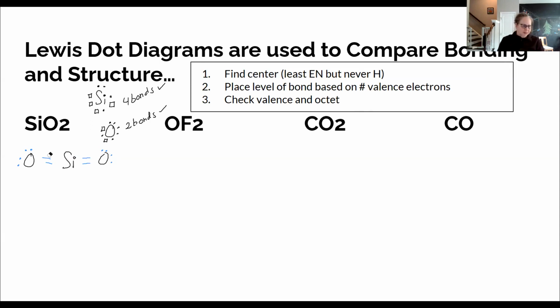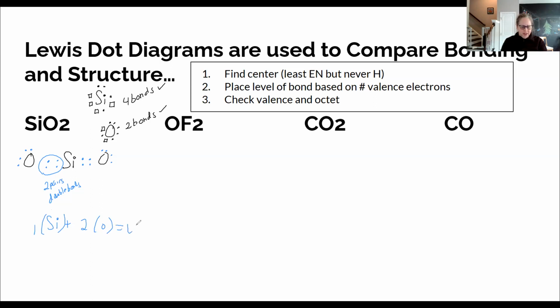Sometimes the SOL does not show the bonds clearly, but sometimes they want to help you out with your counting so you don't make a mistake, and they'll show it like this. This is 4 electrons or 2 pairs. So it is a double bond. So that's the other way that you could see it shown. There's 1 silicon and 2 oxygens in the structure.